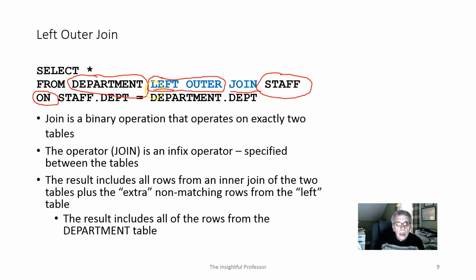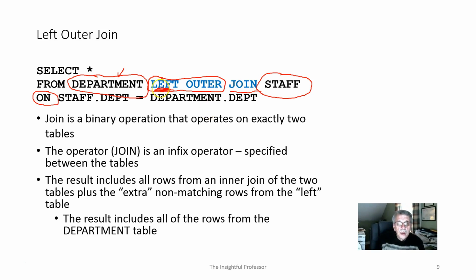So what we're saying is identify the table that is to the left of the operator. That's department. It is that table whose extra or non-matching rows, if there are any, will be included in the result in addition to the result of the inner join.